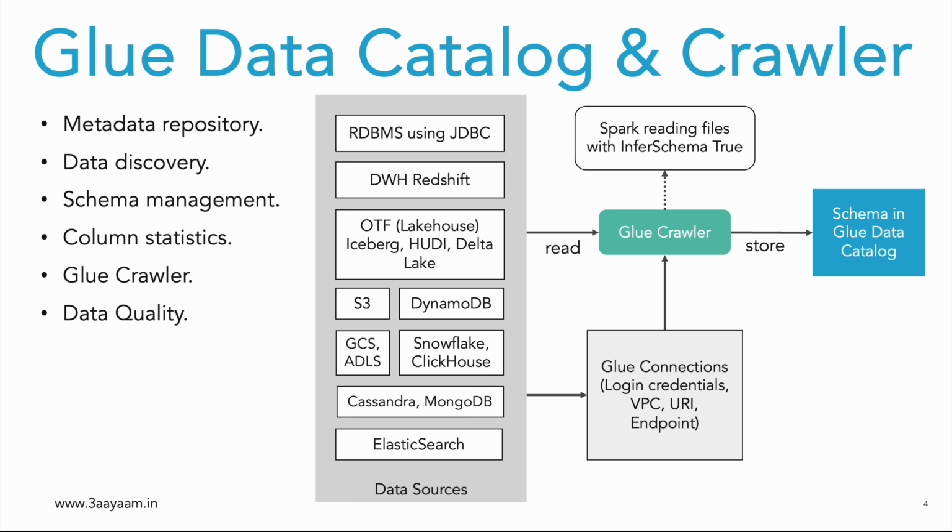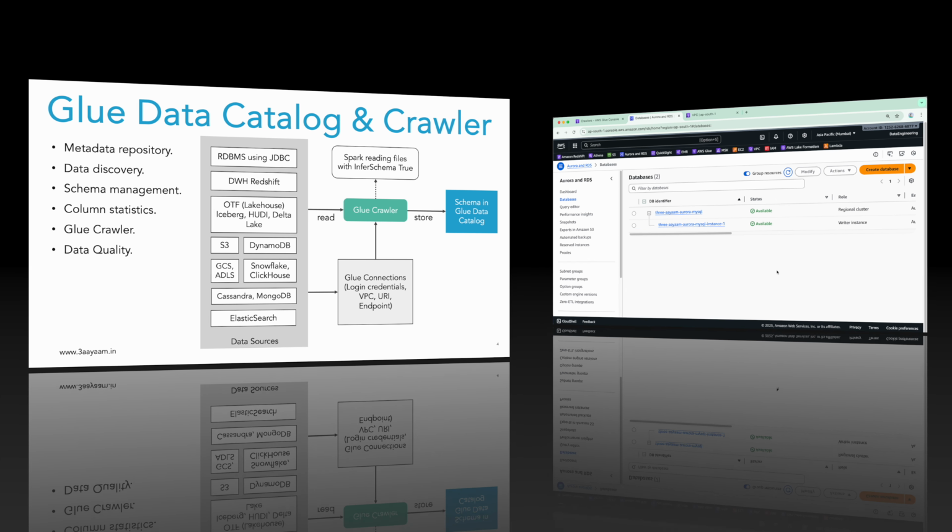But to connect to databases like Aurora, RDS, DynamoDB, DocumentDB, etc., we need to have a VPC, and the Glue crawler has to run inside of that VPC because the sources themselves would be inside of the VPC. So that's why we'll have to create Glue connections and then create Glue crawler to use that connection to connect to the data sources, understand the schema and store the schema in the data catalog. Let us go ahead and do that.